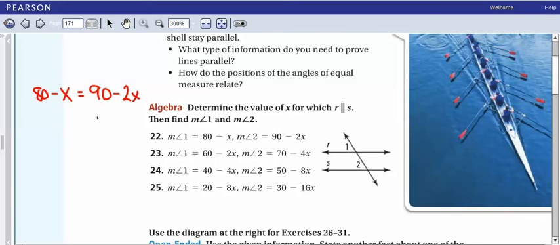Solve for x. Same with all of these, right? 60 minus 2x has to equal 70 minus 4x. When 1 is congruent to 2, then R is parallel to S. So set them up and solve for x.